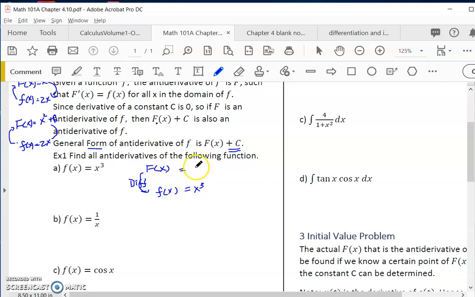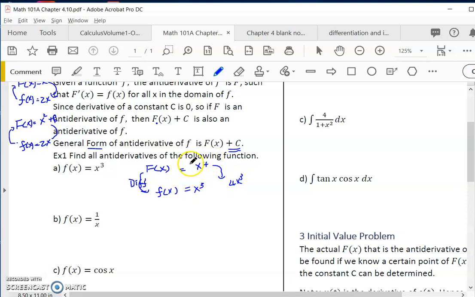You know that because of the power rule, anytime you do a derivative, the power is lowered. So it must be some form of x to the fourth, right? Is it x to the fourth? No, because when you do x to the fourth, the derivative is 4x cubed. So if I want my derivative to be x cubed only, the original must be 1/4 of it.